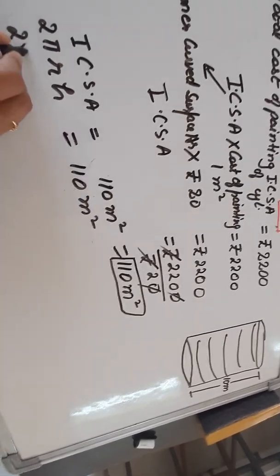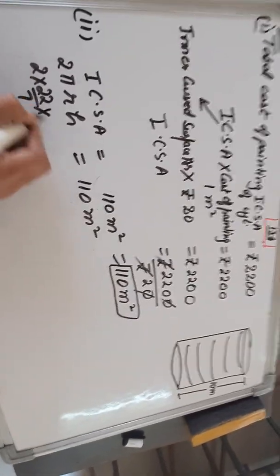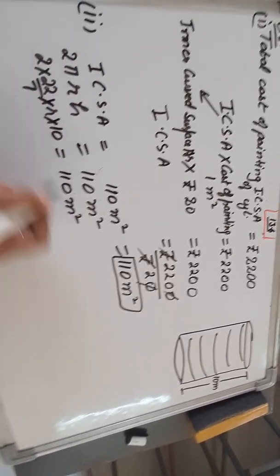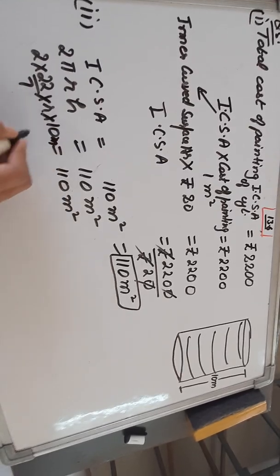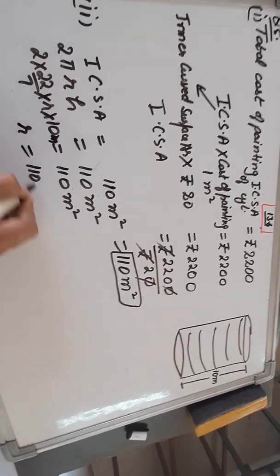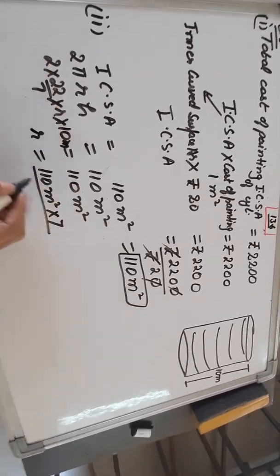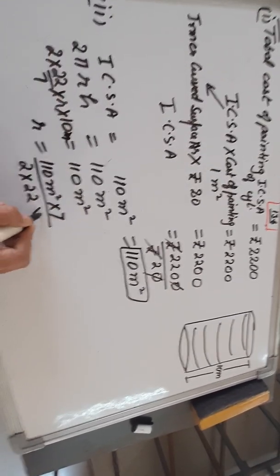So let us put the values. 22/7, radius we need to find out. Height is given to us, and this is in meters. So let us cross multiply the things. Multiplied by 7, and these things will come in the denominator.